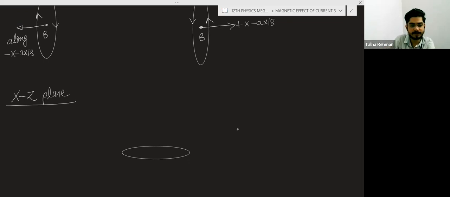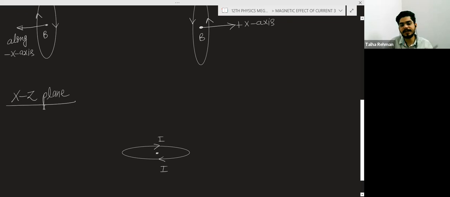So suppose the direction of current is like this, and the direction of the magnetic field you want to find. So the direction of magnetic field will be definitely along the y-axis, okay.